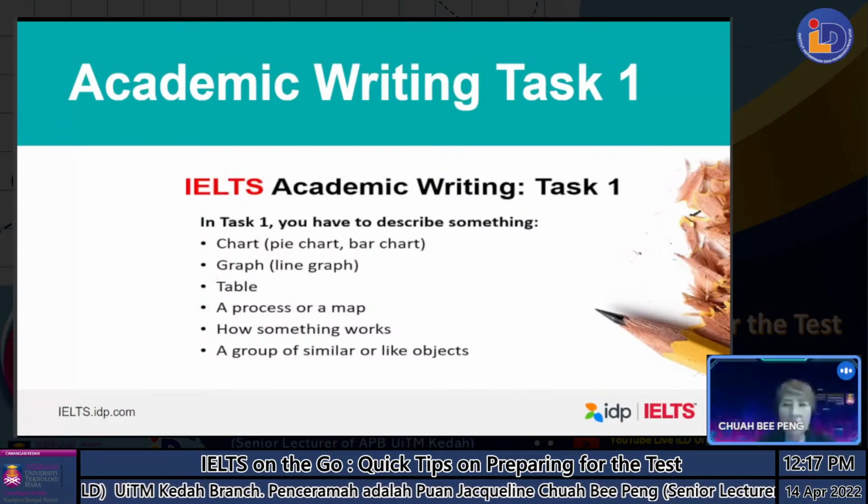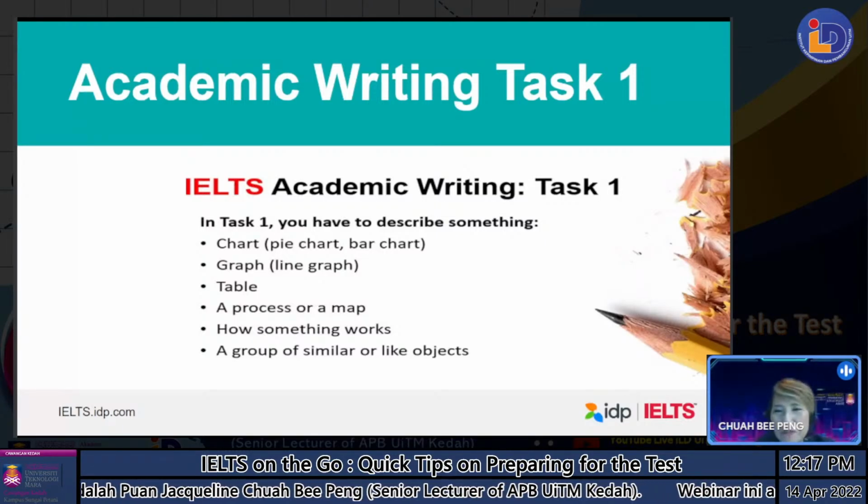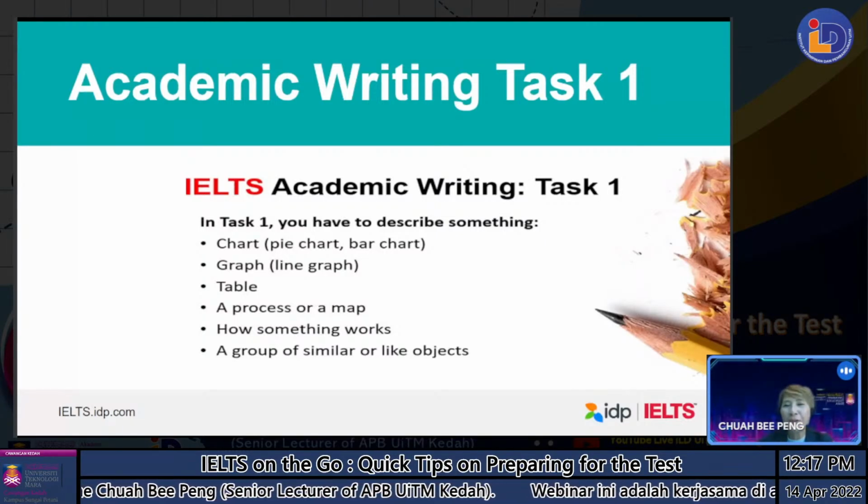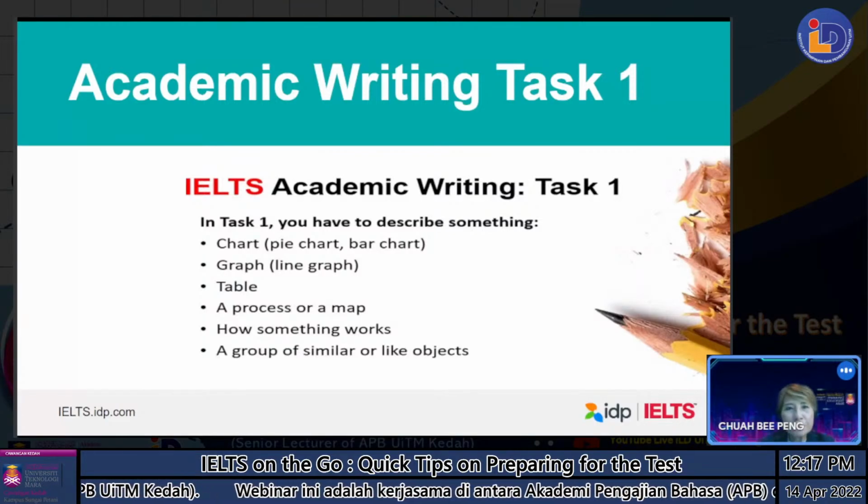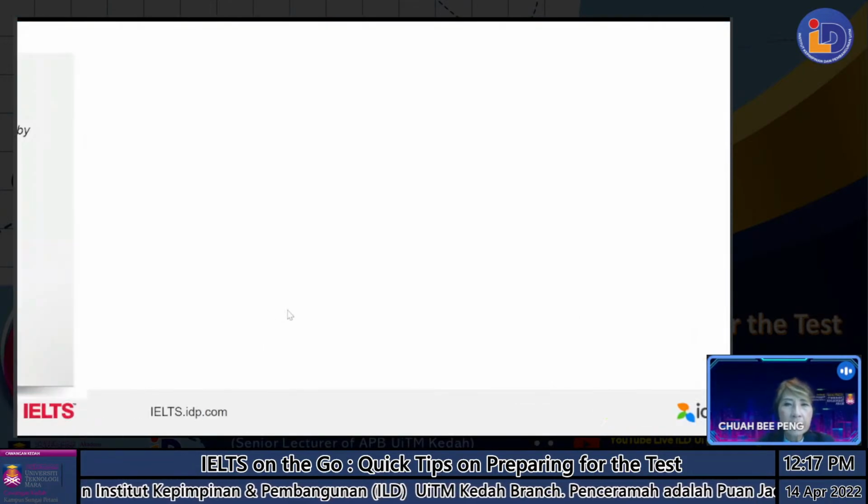Interesting or not? Yeah, interesting. Wonderful, isn't it? It's not just three tables of numbers for you to compare, which is quite a handful. Yeah, a big challenge. Or it can be a group of similar objects. It can be anything in a graphic form.